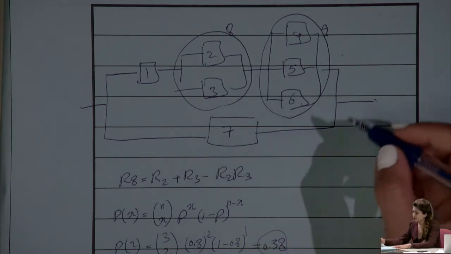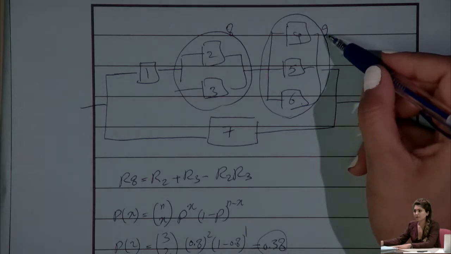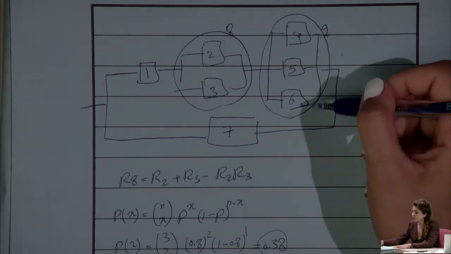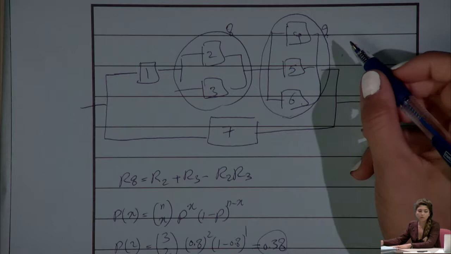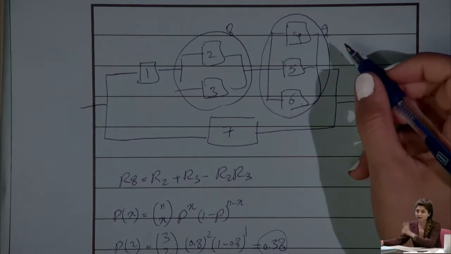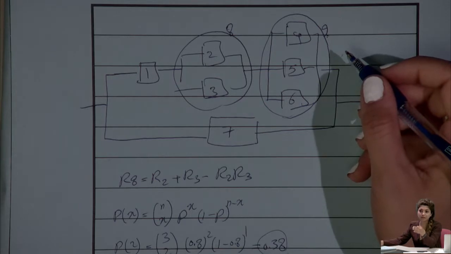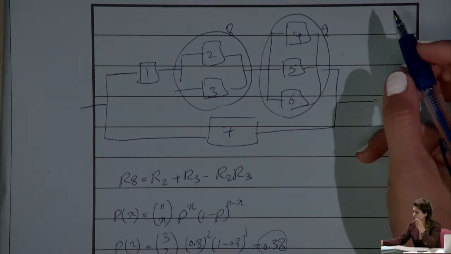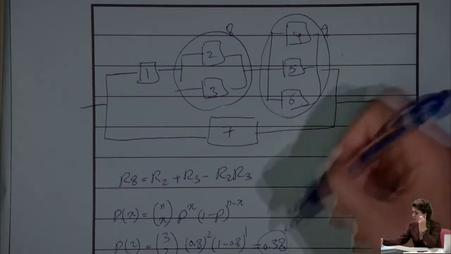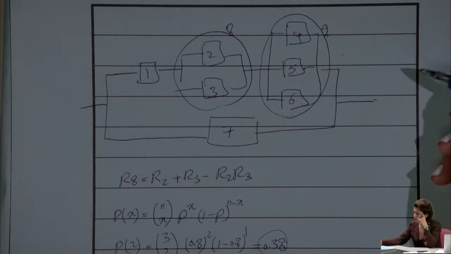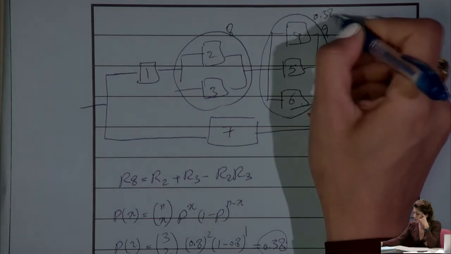So that gives you the reliability of 9. It doesn't say at least, it says exactly any 2. If it said at least, then you would have to calculate 2 and 3, but since it says any 2, you just calculate the probability of 2. So you have 0.38 for this block.